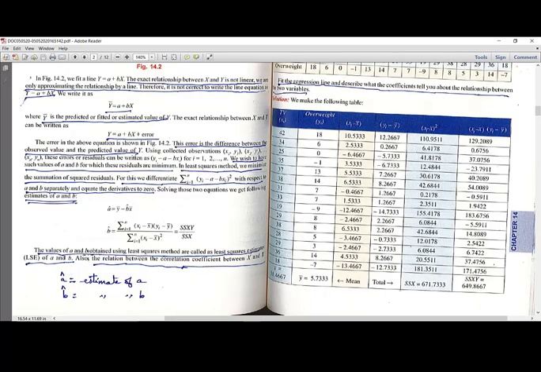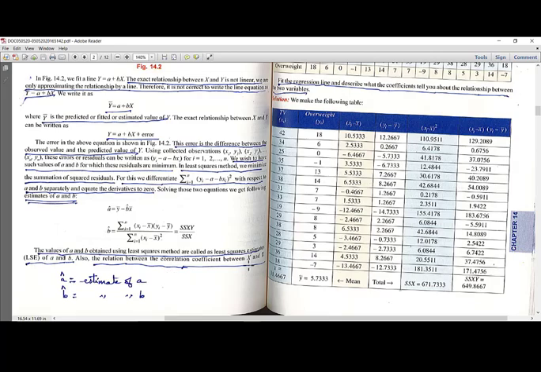SS stands for sum of squares. The values of a and b obtained using the least squares method are called the least squares estimates of a and b. That means this a cap and b cap are called the least squares estimates, LSEs, of a and b.